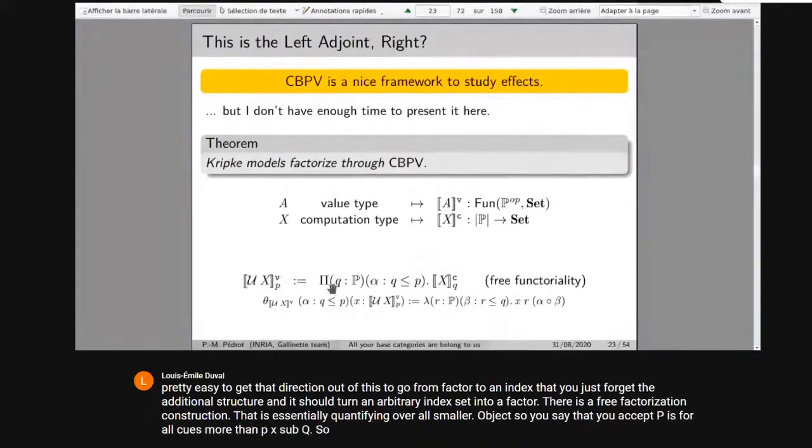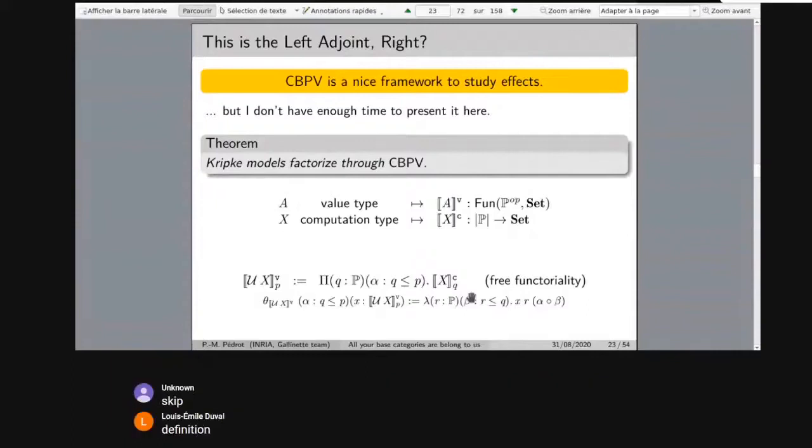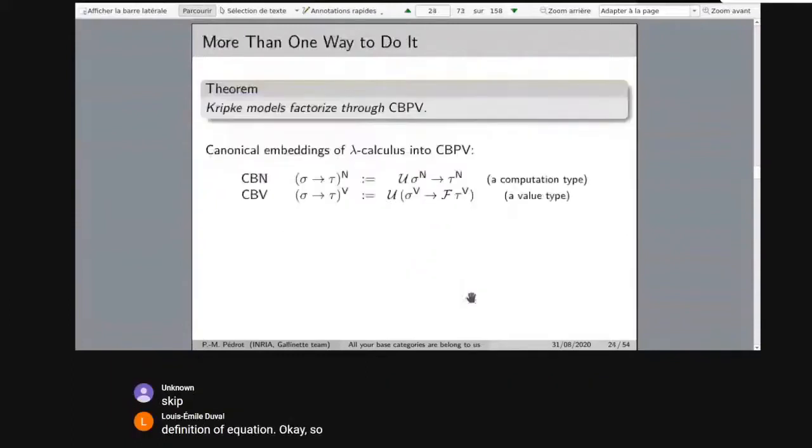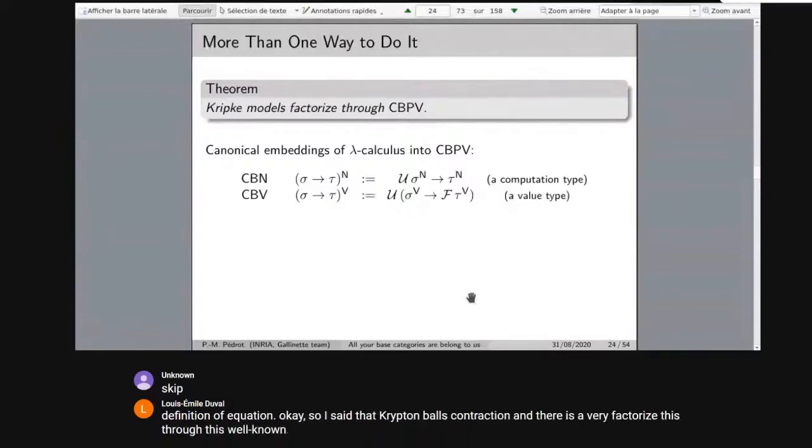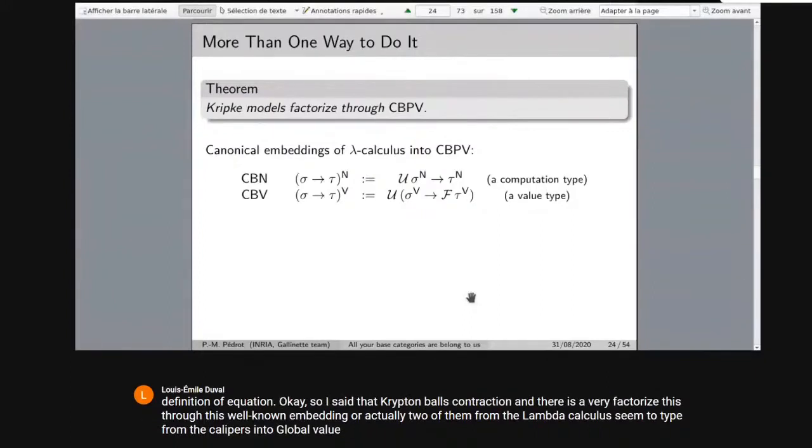So if you do this, you get a functor for free in a way that is actually even compatible with a definitional equation. Okay, so I said that Kripke models factorize through this construction, and there is a very well-known embedding, or actually two of them, from the simply typed lambda calculus into call-by-push-value, the call-by-name and call-by-value ones.